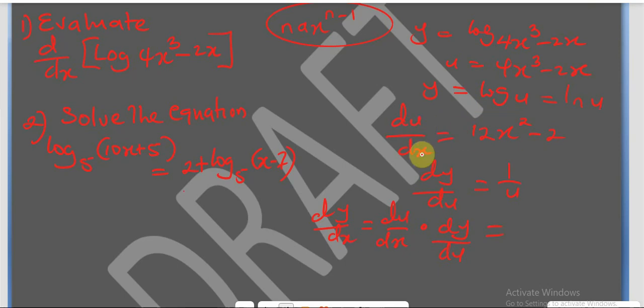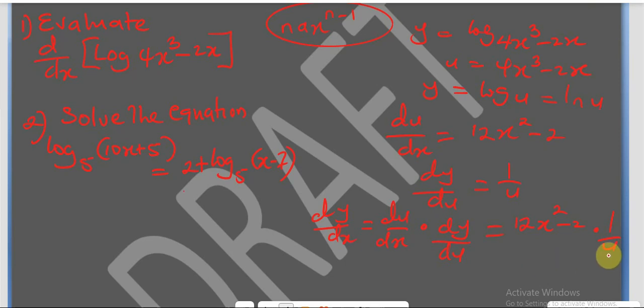Remember we got du over dx as 12x^2 minus 2, times dy over du, which is 1 over u.